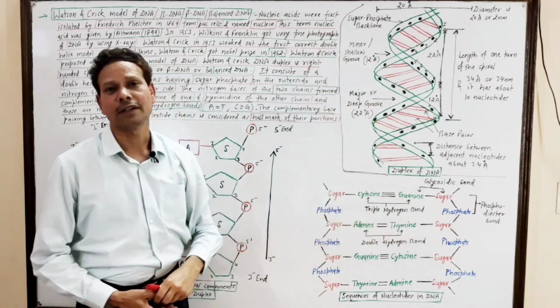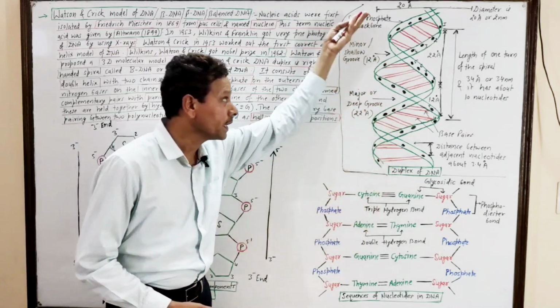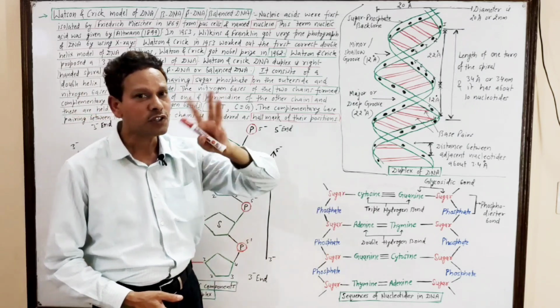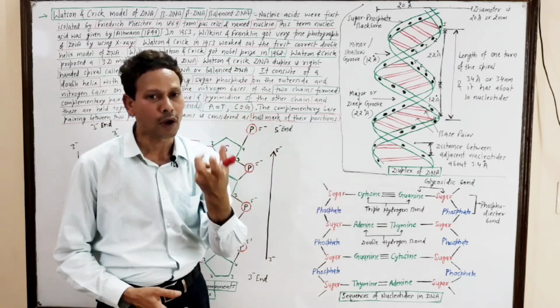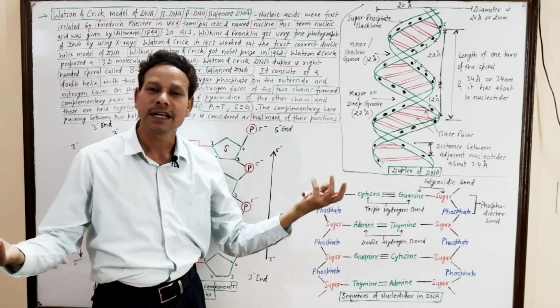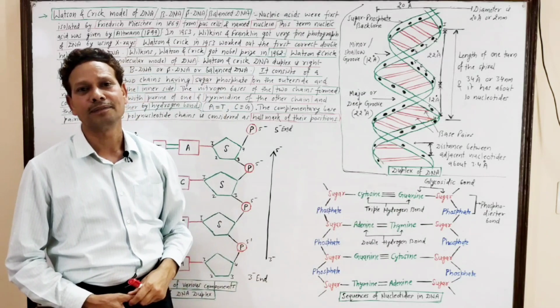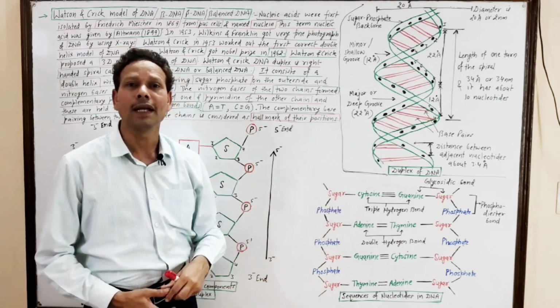This DNA model is a DNA duplex because in it both strands are spirally twisted, and both spiral strands collectively constitute a duplex. Both strands are made up of nucleotides.